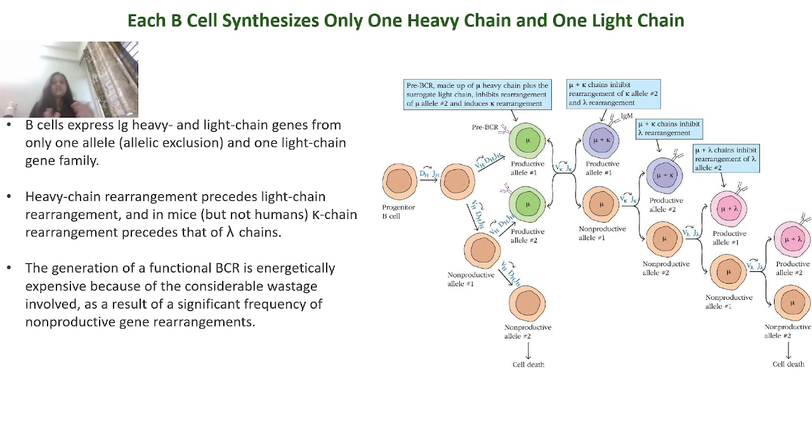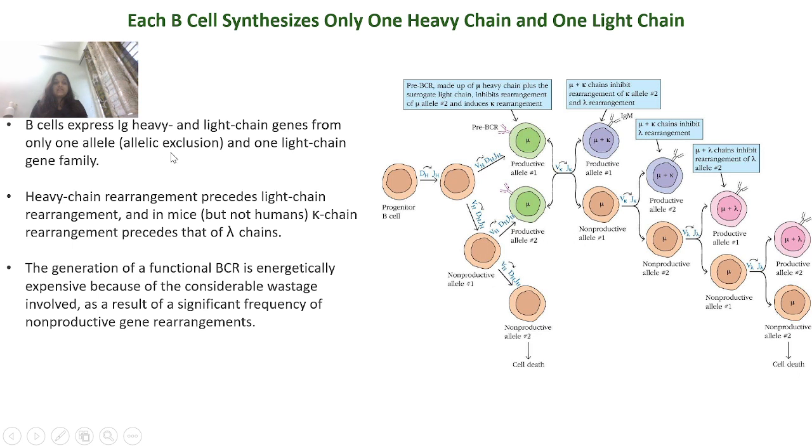Otherwise, one heavy chain will recombine with another light chain, and then it will combine into many types of antibodies. But each B cell should represent only one type of receptor on its surface. So from one allele, only one light chain and heavy chain will be produced.